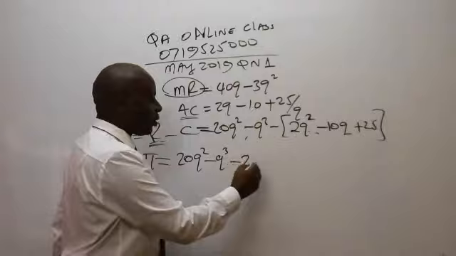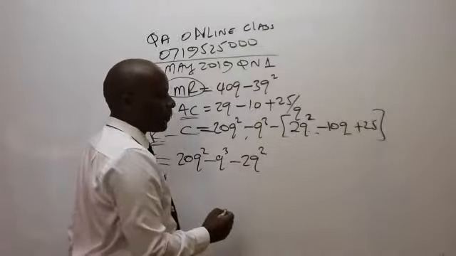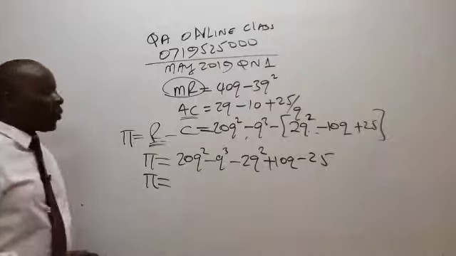So minus 2Q squared, because whenever you have a minus outside, a minus is very powerful. So minus 2Q squared plus 10Q. All the terms inside here must have their signs changing. Minus 25. Now from there, ladies and gentlemen, our work now will be to put like terms together.